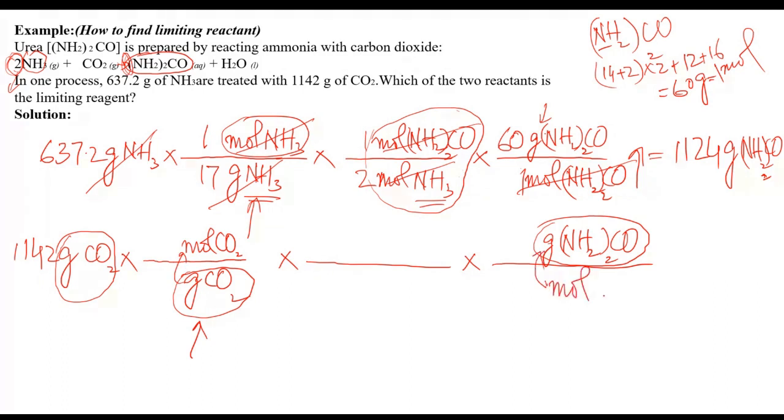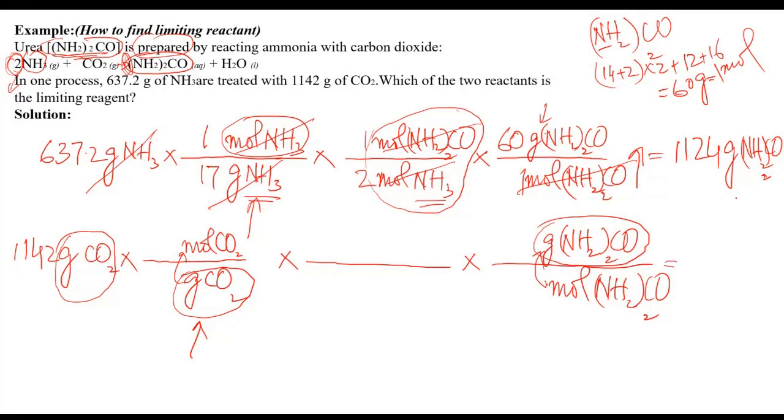So mole of urea down. Why did you write gram of urea? Because you have to calculate it. Urea is prepared here. Look, urea is prepared. So what you have to calculate is urea. Urea is unknown. Okay.